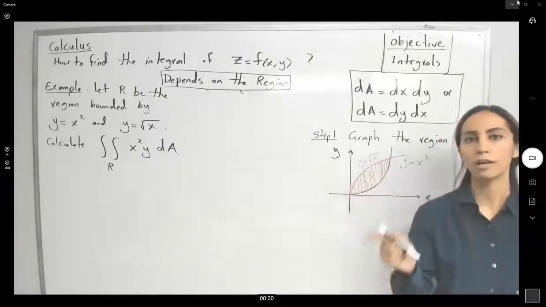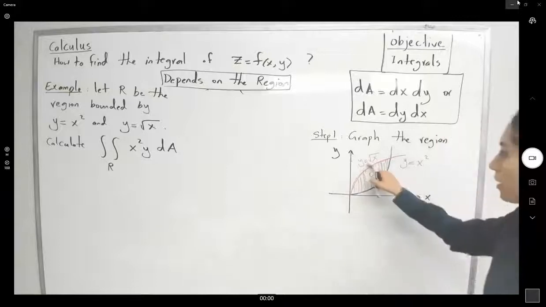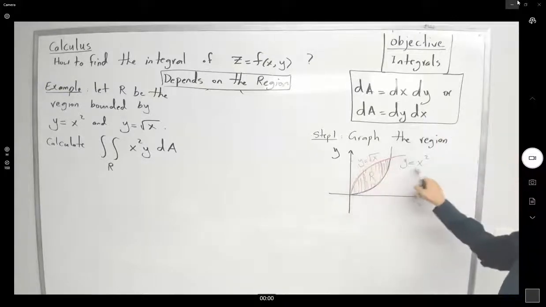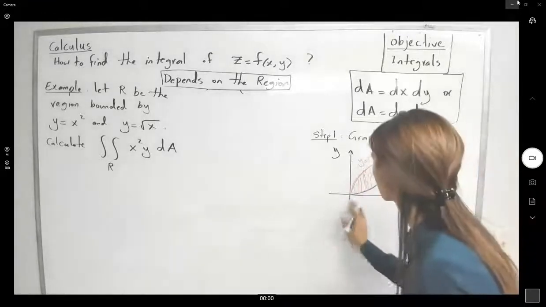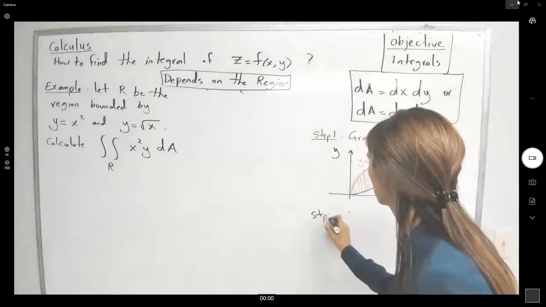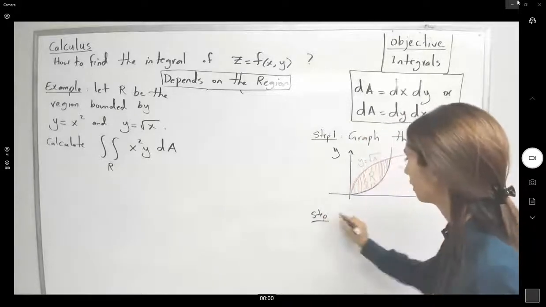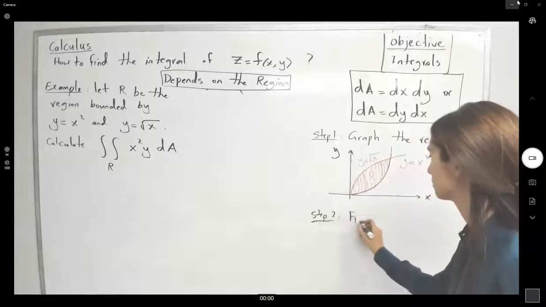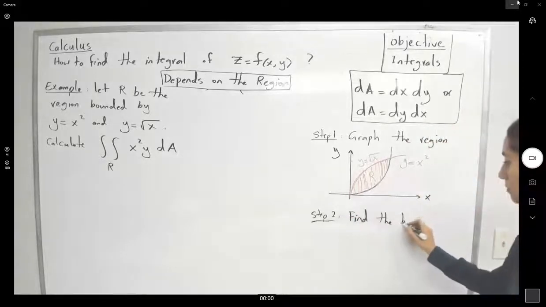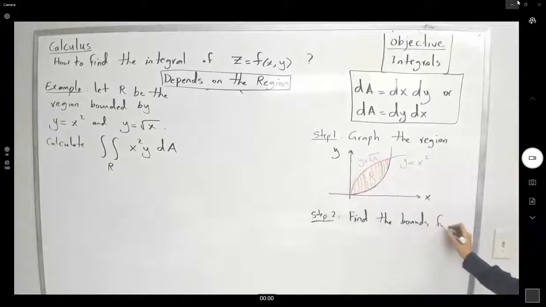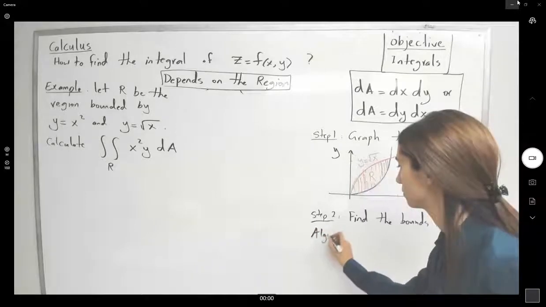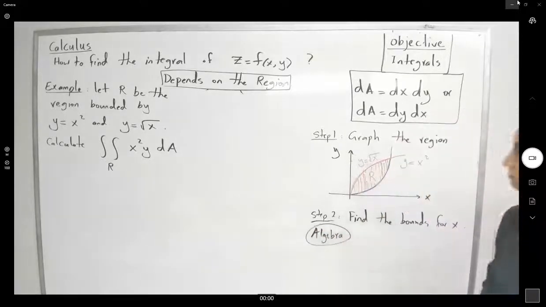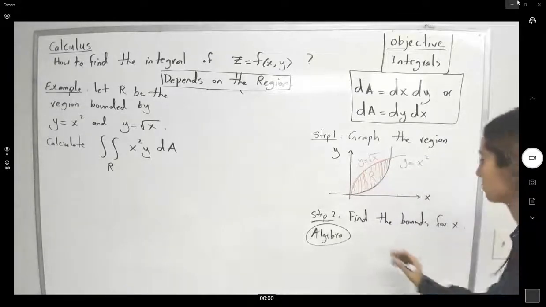Step two, find the boundaries for your x. You already know your y is bounded below by x squared and on top by square root of x. But how? Simple algebra. I set these two functions equal to each other and solve for x.